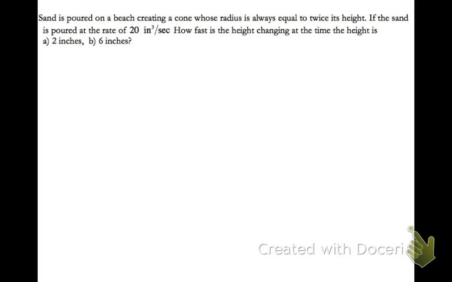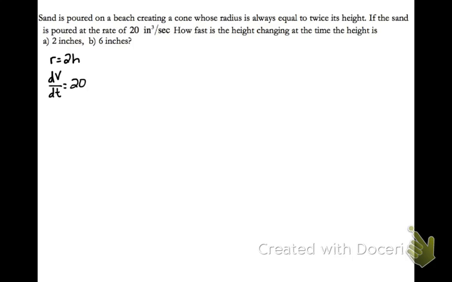So we know from the first sentence that our cone has a relationship where the radius equals twice the height. And from the second sentence, the sand is poured at the rate of 20 cubic inches per second. So that's a change in volume. So I know that dV/dt, the rate of change of the volume, is equal to 20.